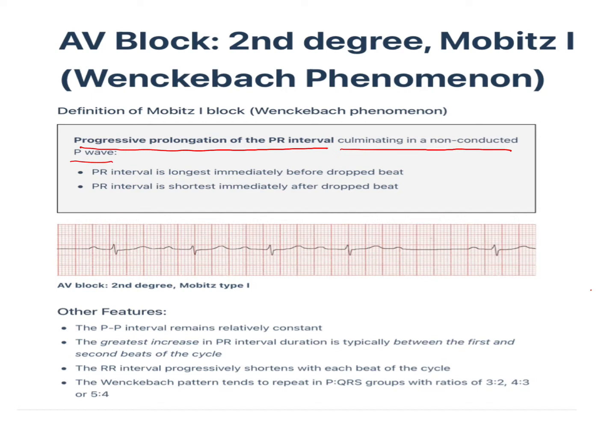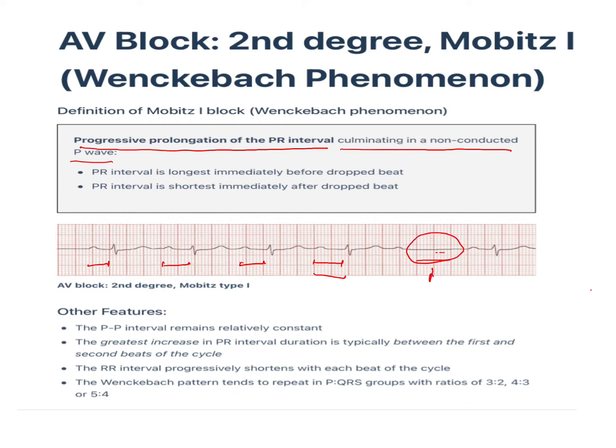Means there is progressive prolongation of the PR interval, and a stage comes when there is maximum prolonged PR interval. Thereafter, a P wave is formed, but there is no formation of the QRS.